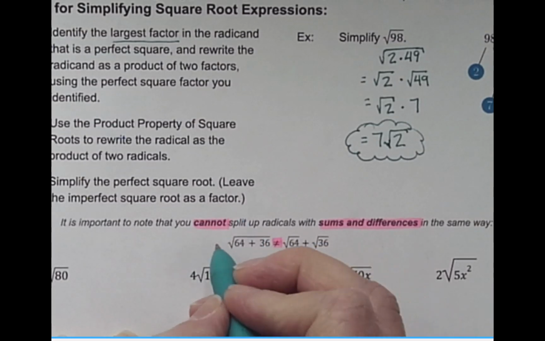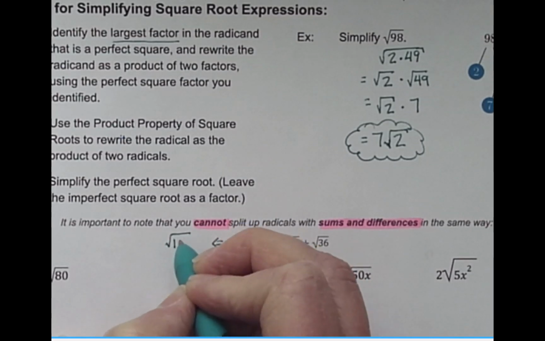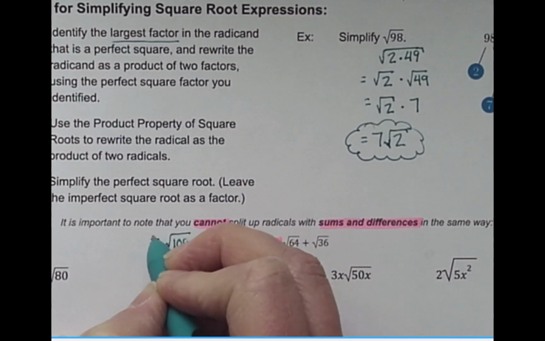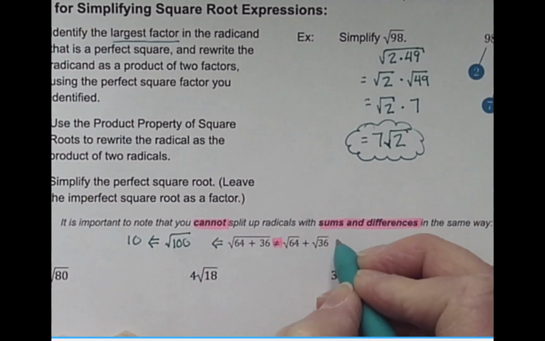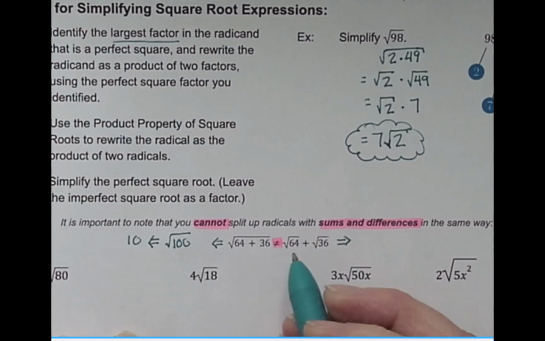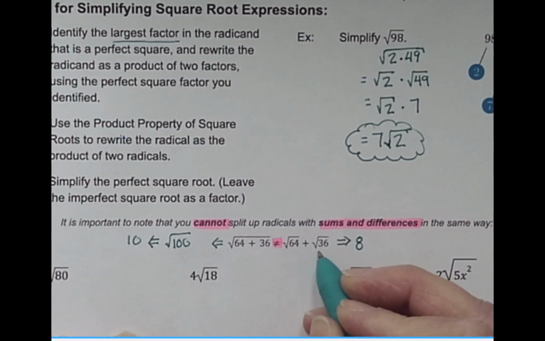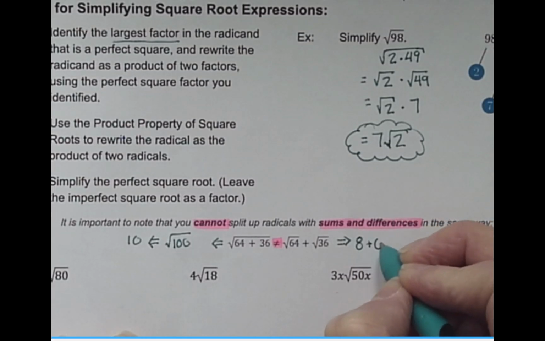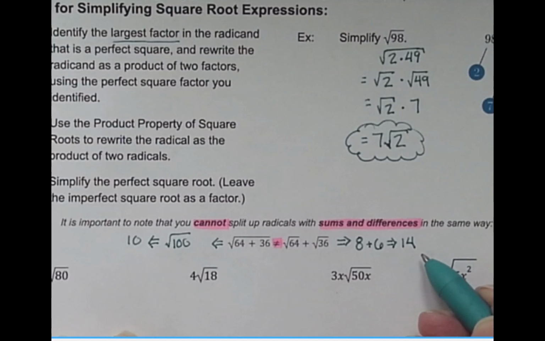64 plus 36 is 100. And we know the square root of 100 is 10. But if we go in the other direction here, the square root of 64 is 8. The square root of 36 is 6. And if I add those together, I certainly don't get 10.